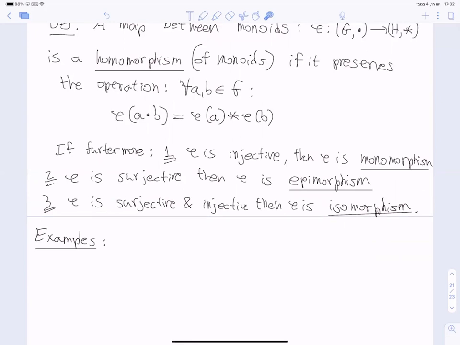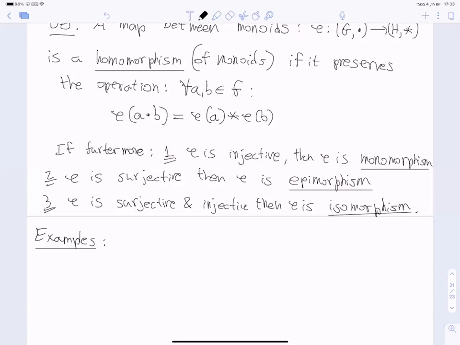Right. I don't know. Okay, thanks. I'm not sure it has any significance. But anyway, in our course, we only refer to semigroups. Sure, maybe. Okay, examples.